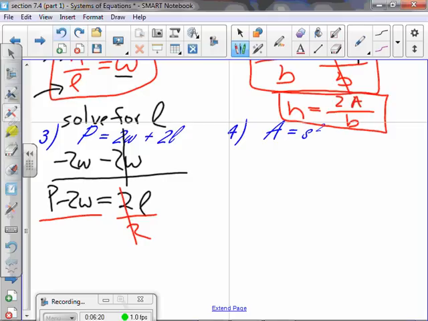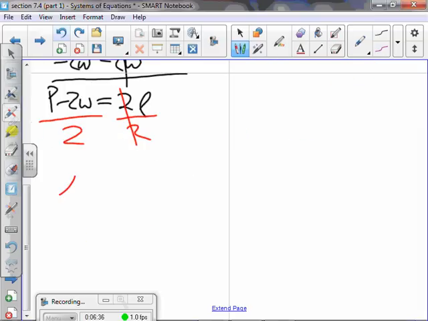I divide everything on the other side by 2, because that's the way it works. When you divide one side of an equal sign by 2, you divide everything on the other side of the equal sign by 2. And I have L is equal to p minus 2w divided by 2.